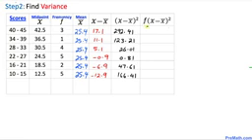And now in the next column, we are going to multiply the frequency f times x minus x bar squared.